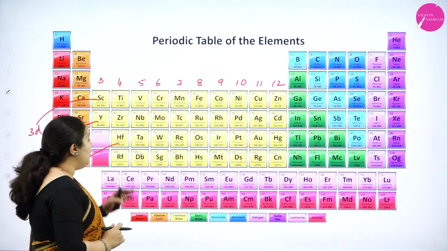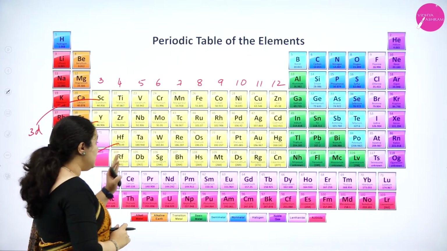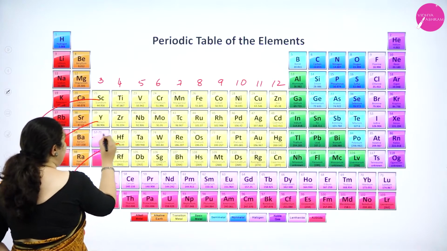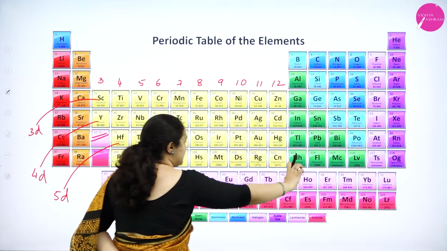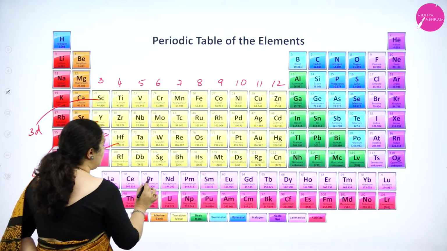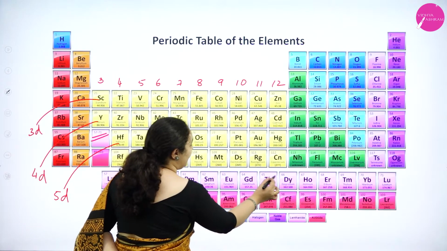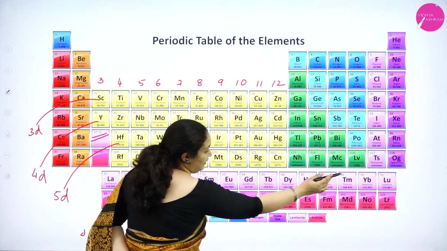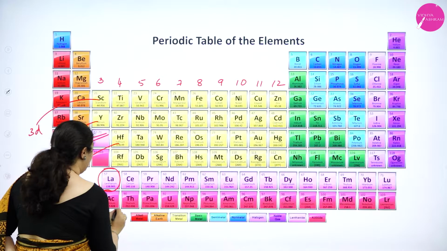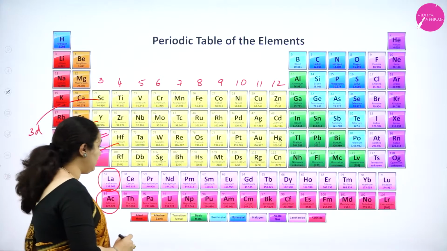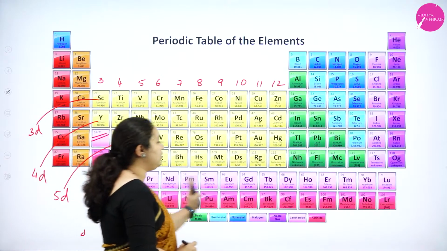Fine. Now, what are F block elements? F block elements from 57 to 71, we remove and keep aside. So you have 1, 2, 3, 4, 5, 6, 7, 8, 9, 10, 11, 12, 13, 14, 15. But remember, 57 and 89 you don't include here. After this you have 14 elements.